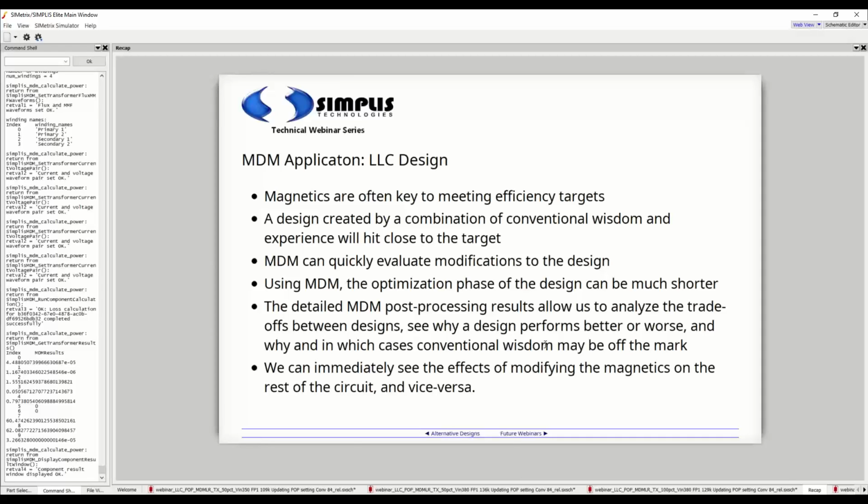And on top of that, the detailed MDM post-processing results allow us to analyze the trade-offs between designs, see why a design performs better or worse, and in which cases the conventional wisdom may be off the mark.